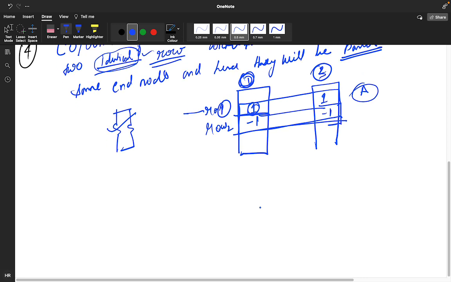Okay, and the incidence matrix is a complete mathematical description of a graph, and if the incidence matrix is given, the corresponding graph can be easily constructed.